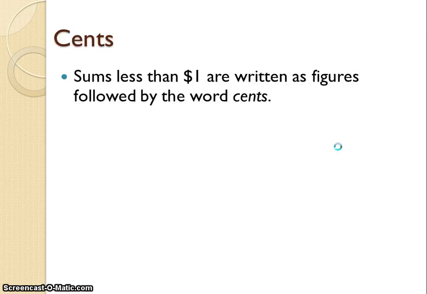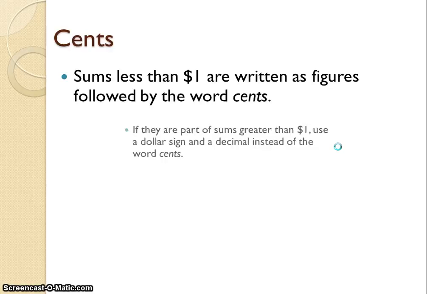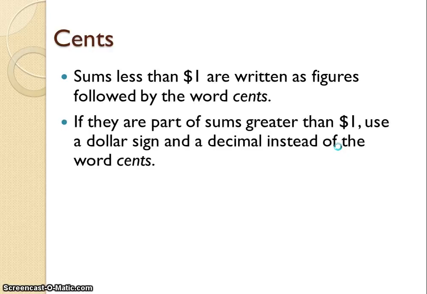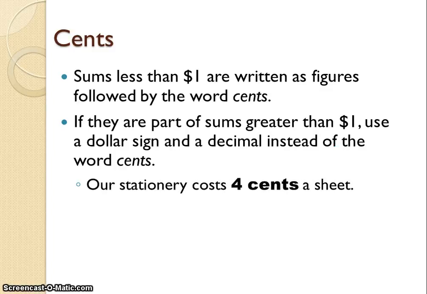Okay, for sums less than $1, you write them as figures followed by the word cents. If they are part of sums greater than $1, use the dollar sign and a decimal instead of the word cents. So in this instance, 4 cents, we use the word cents here.